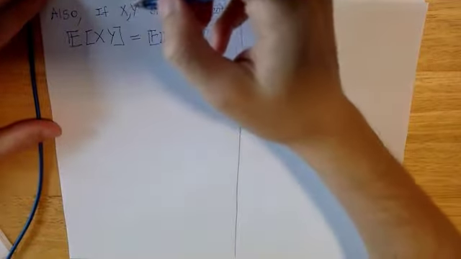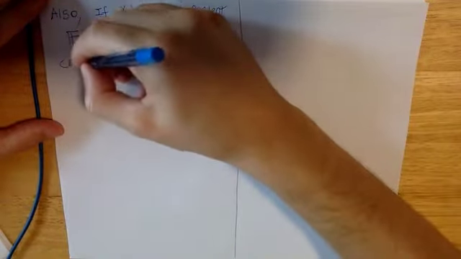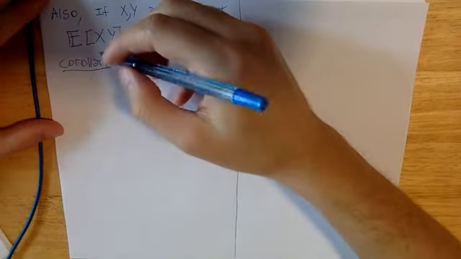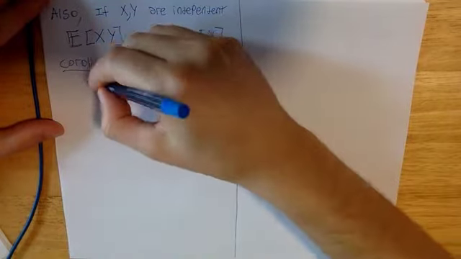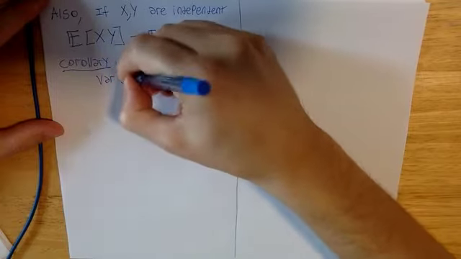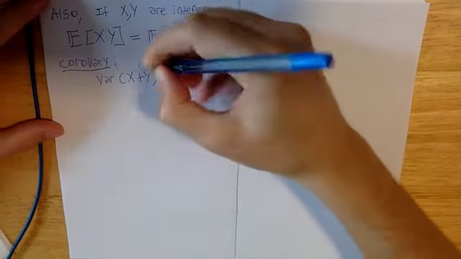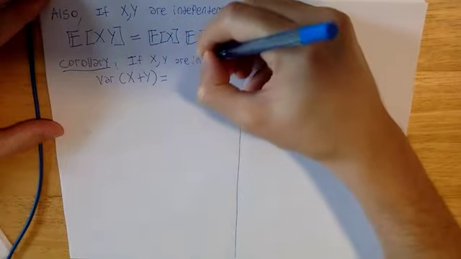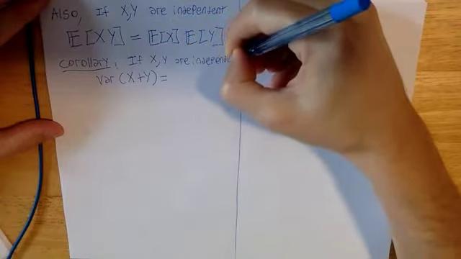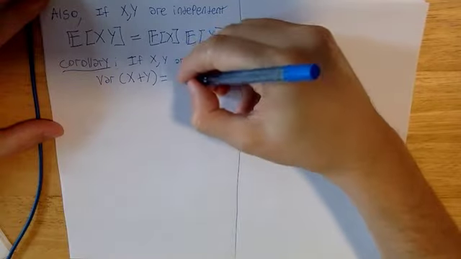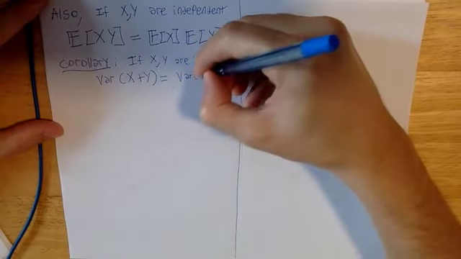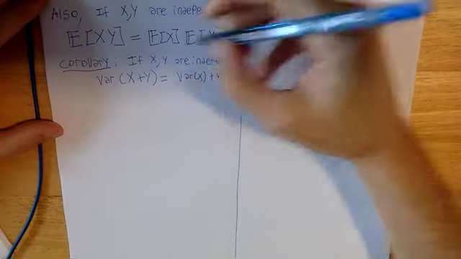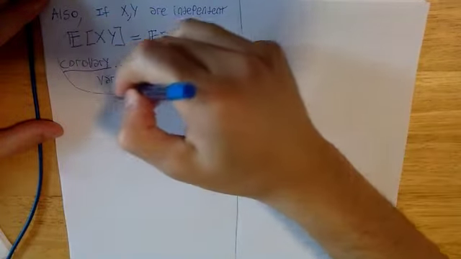So as a corollary, we can actually show that if x and y are independent, then the variance of x plus y is equal to the variance of x plus the variance of y. Okay, and the main point is this.